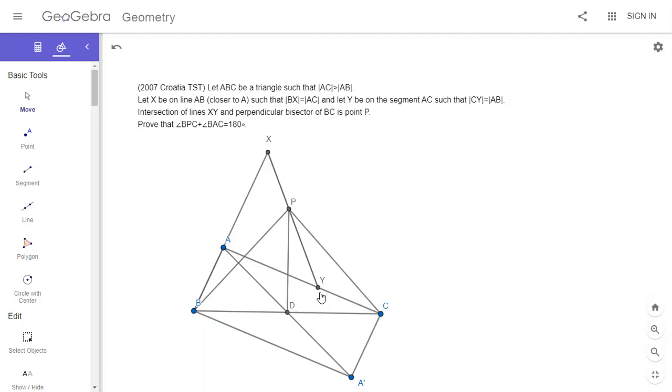I think I might have a solution, actually. So is AY the angle? I think AY is the angle bisector.